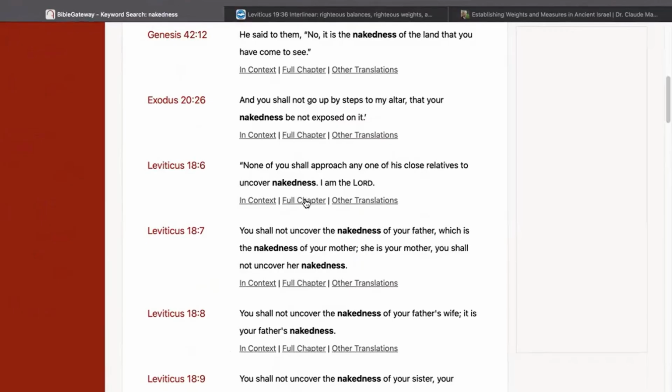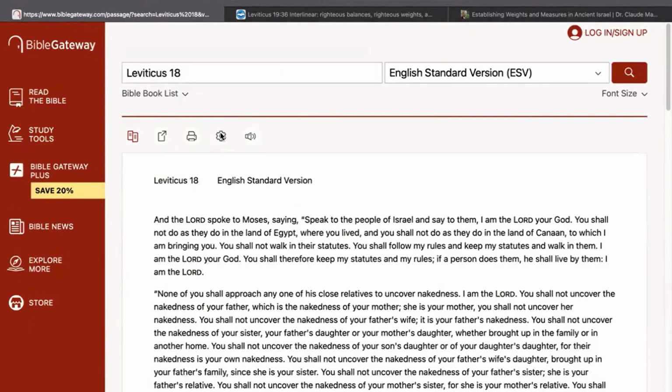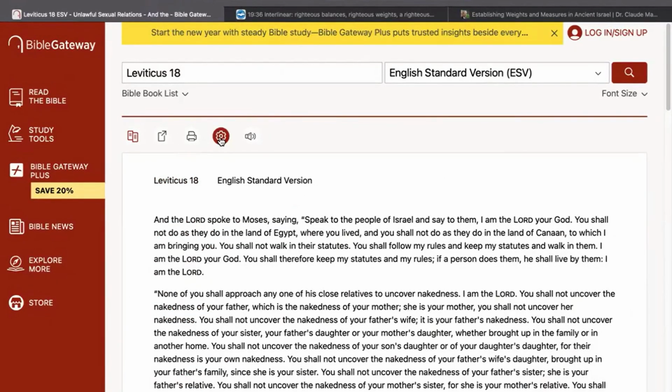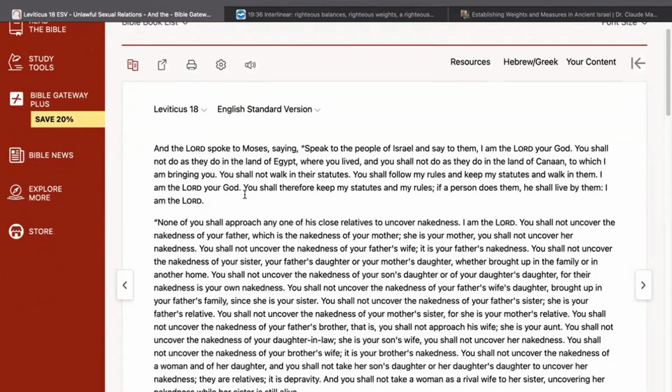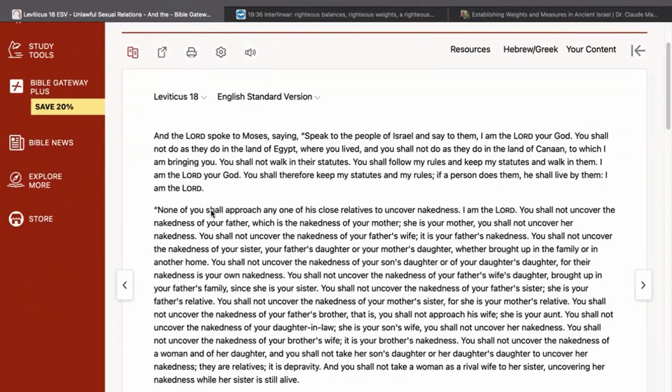Okay, so Leviticus 18. Let's bring up the verse numbers. Oh, sorry. Computer is acting slow when it comes to this. No, let's just read it here. All right, so Leviticus 18.